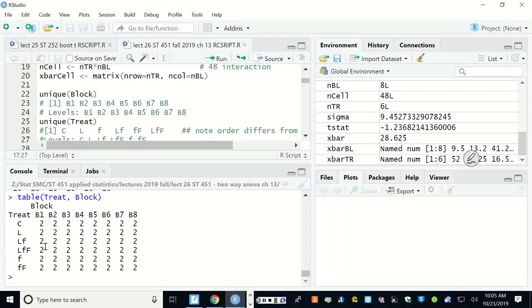So in each block, there's 2 copies of each treatment. I often find it's useful to see that structure, how these category variables relate to one another, how things are set up. If there were some zeros in there, that would be a concern because you couldn't estimate anything there.